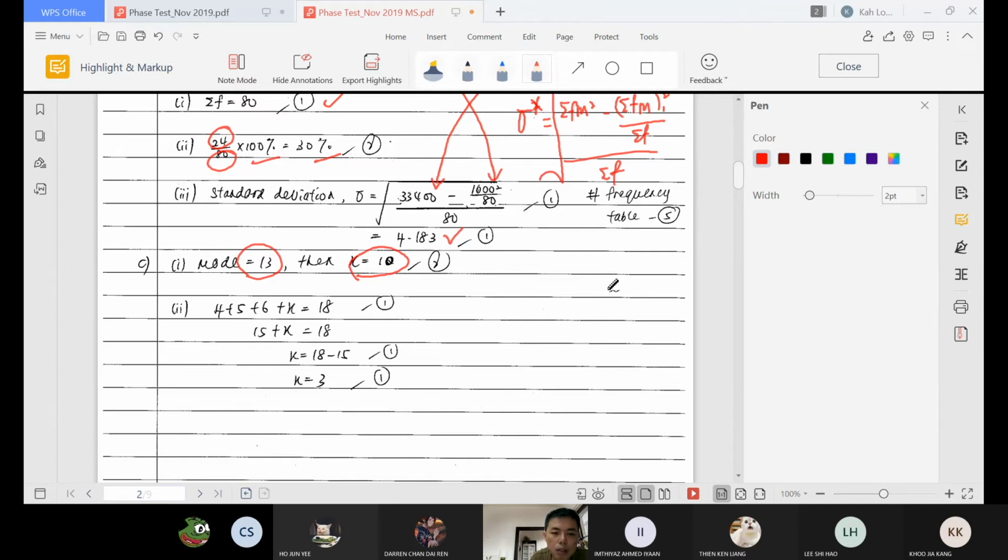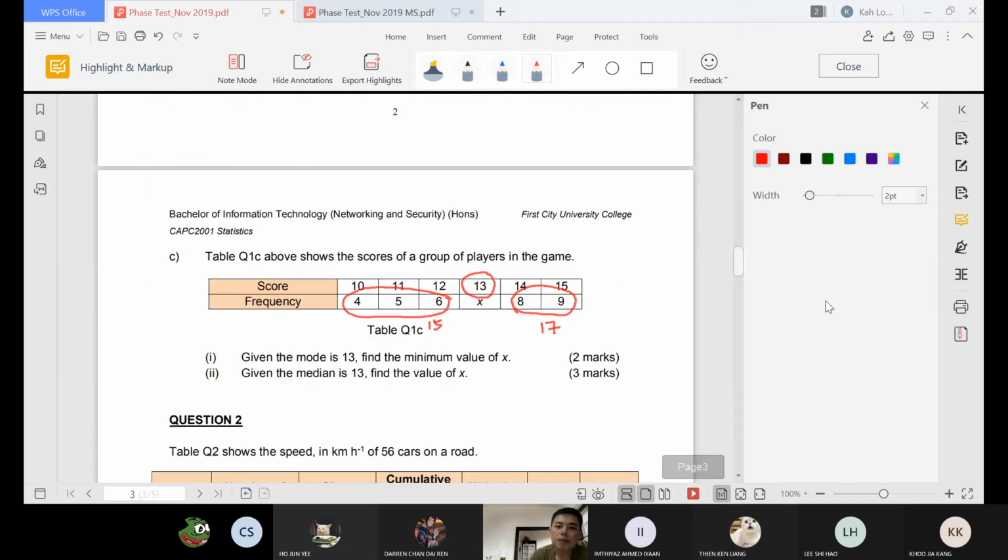Now let's say you want to get median is 13. You must have 18 data, because you want to make it an odd set of numbers. For example, you have 3, 5, 7, 10, 11.